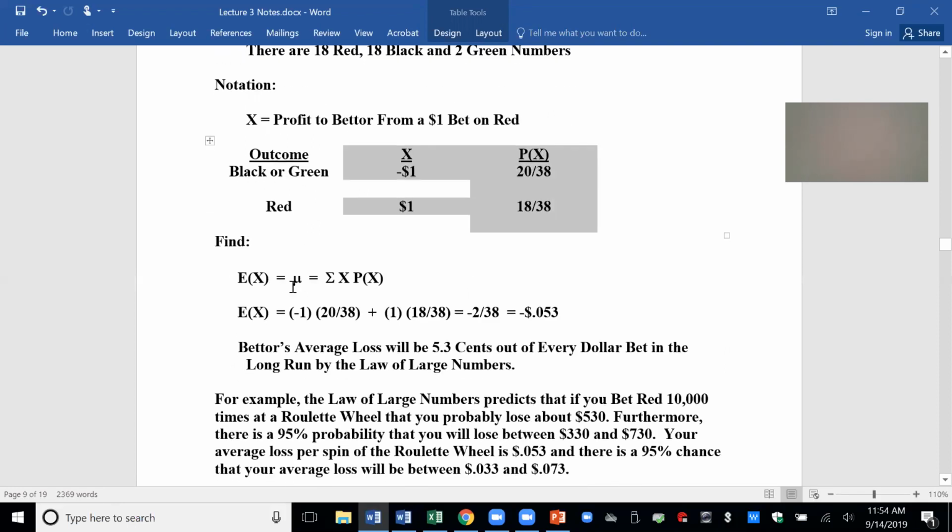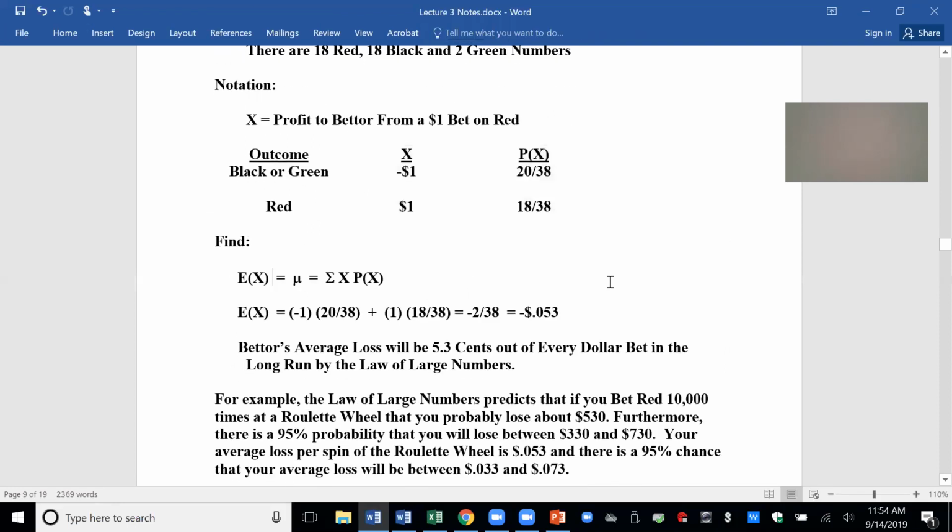The next thing we do after developing the probability distribution for a random variable is we find this E of X, and that's referred to as the expected value of X. In here, capital E means find the expected value of, and whatever is in the parentheses is the particular random variable of interest.